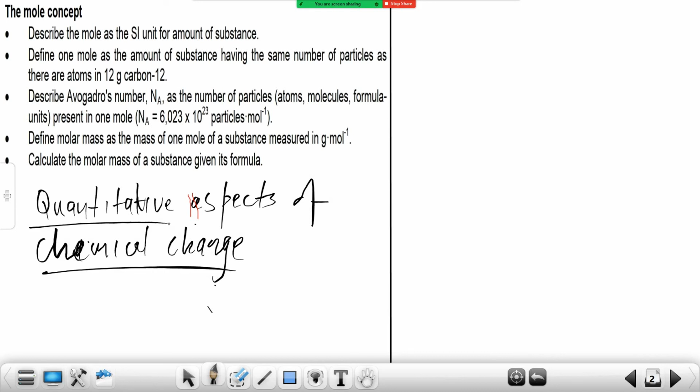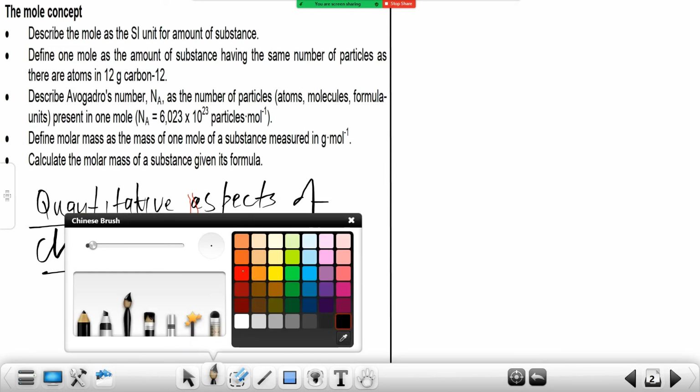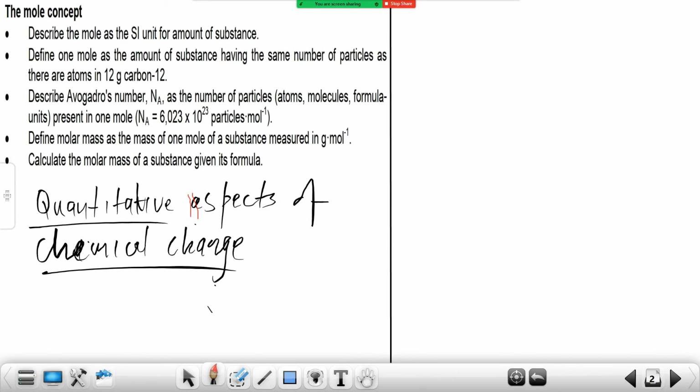So it basically says, how best can we quantify the chemistry? How much of a substance can I produce? The word quantitative just basically says amount of substance.